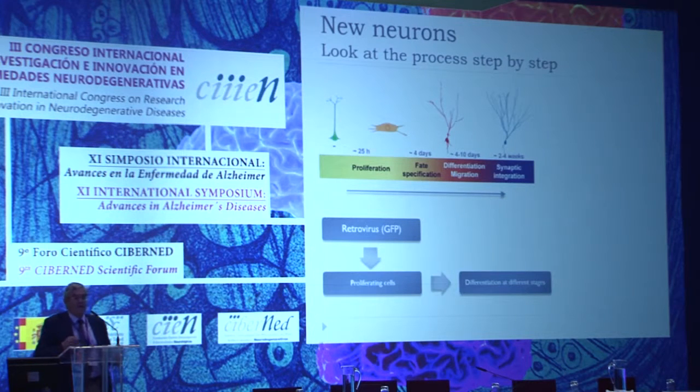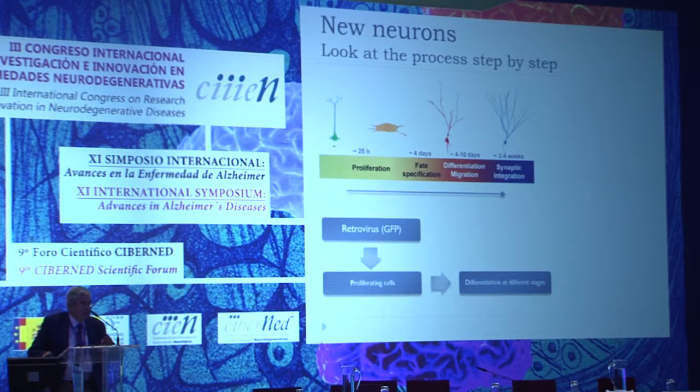To do that, we try to look for newly formed neurons. In this case, we use a virus that expresses a green protein and only infects proliferating cells.